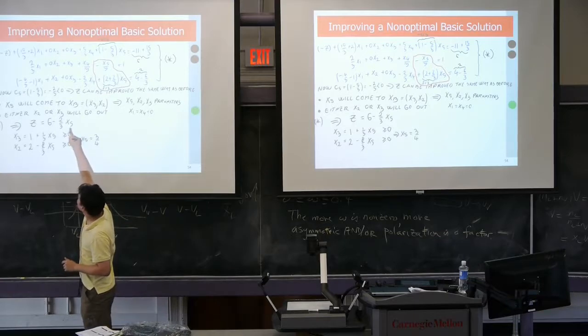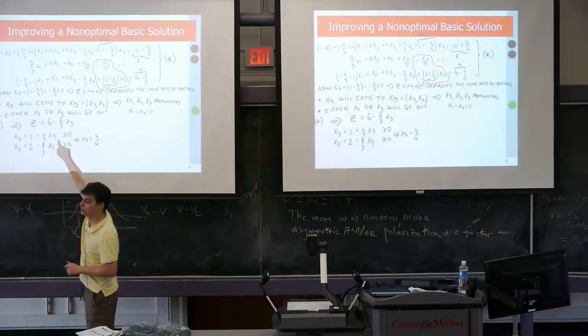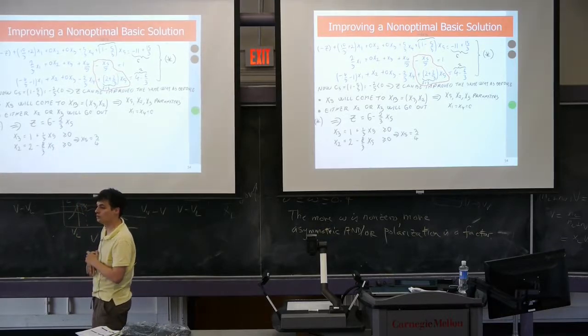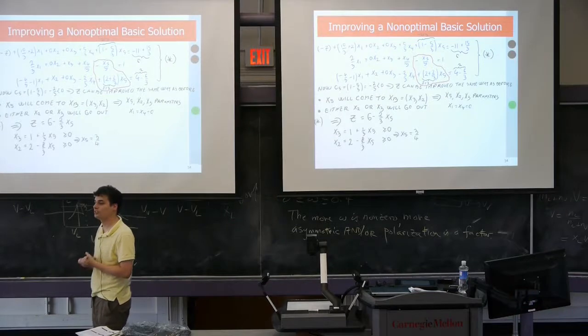We concluded in the last canonical form that x3 cannot be more than... oh, it's changing. So it doesn't matter anymore. Okay, so you just check these.